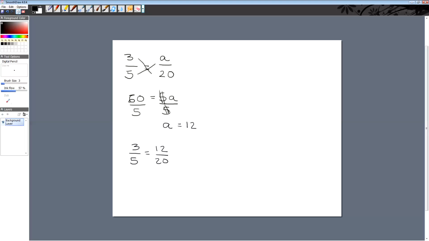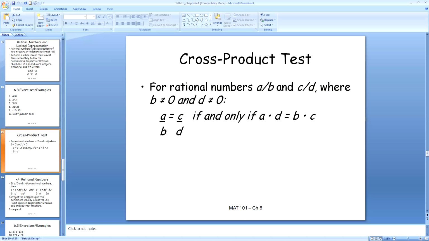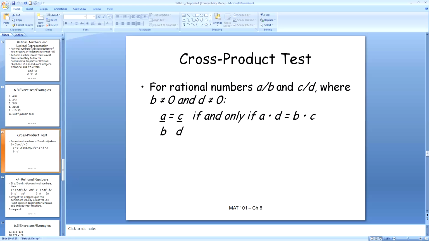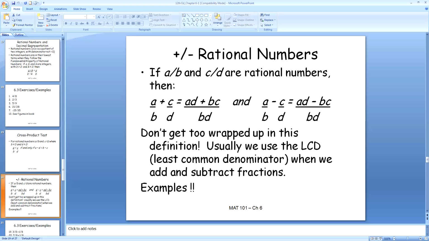The only way that they could be equal is if 3 times 20, which is 60, equaled 5 times this numerator A. So that example is an instance of the cross product test.